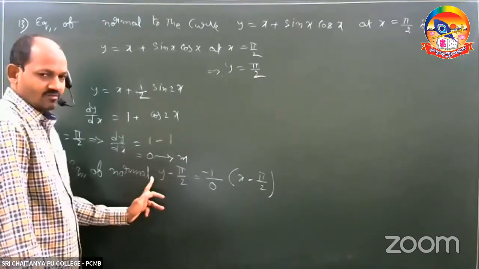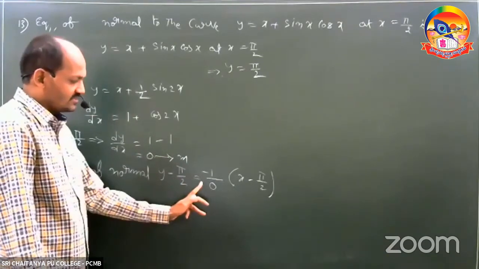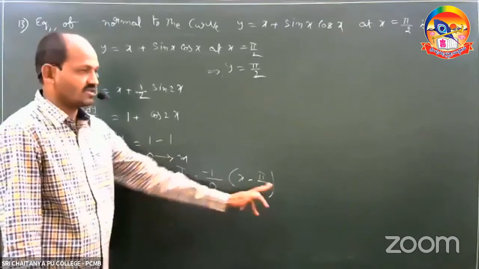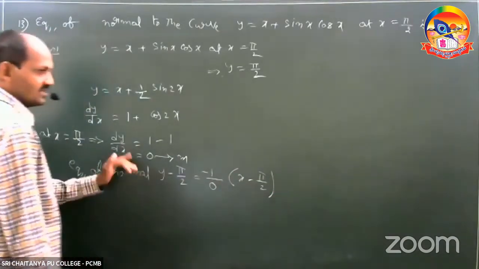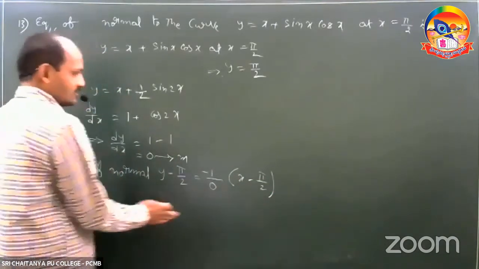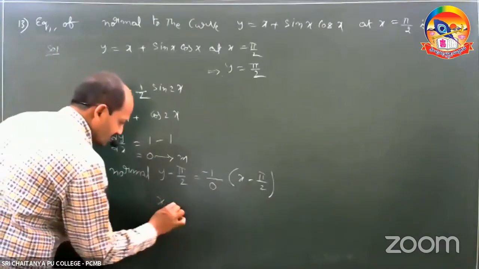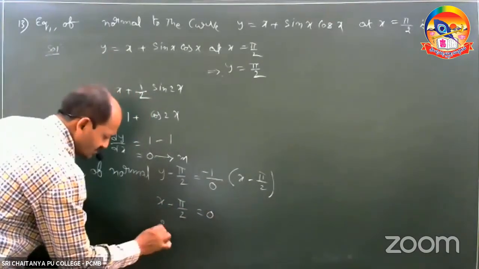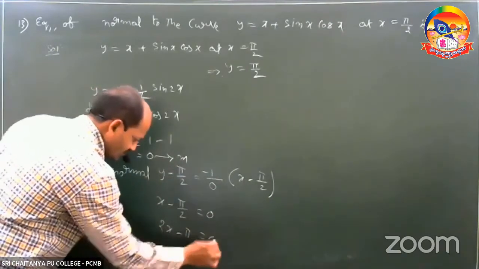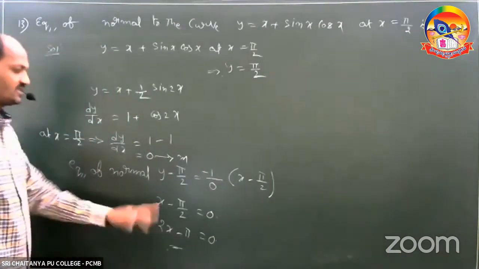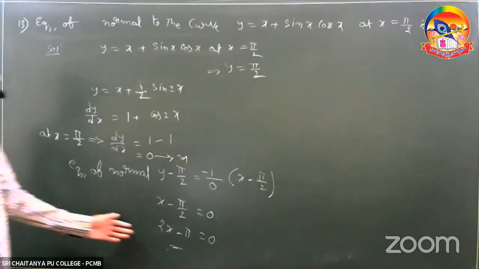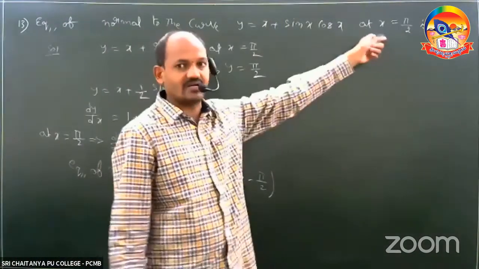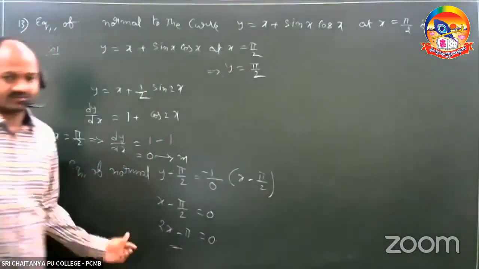By cross multiplication, the LHS total term becomes 0. Then it is x minus pi by 2 is equal to 0, then 2x minus pi is equal to 0, or 2x is equal to pi. It is the equation of the normal to the curve y equal to x plus sin x cos x at x is equal to pi by 2.